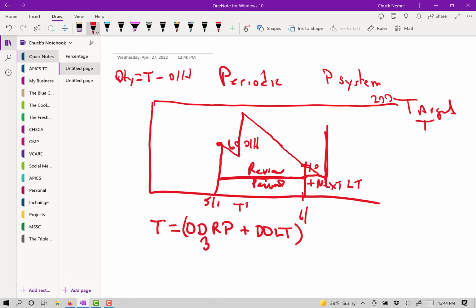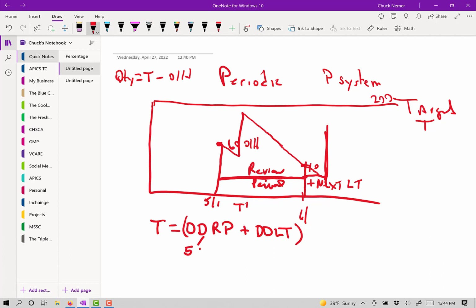So if our review period is 30 days and it's a 7-day lead time, it's 37 days. But what's missing here is the demand itself. So we modify the formula a little bit just to expand it out. Let's say the daily demand is 5 per day, like our other examples.